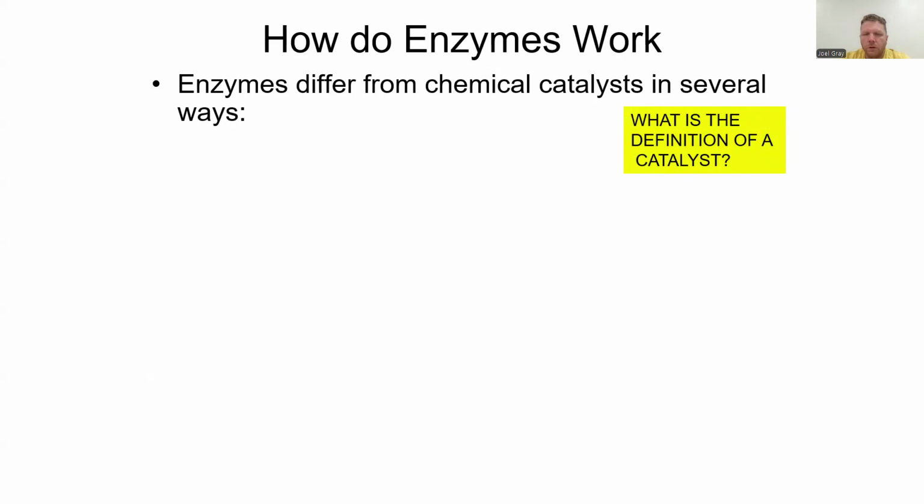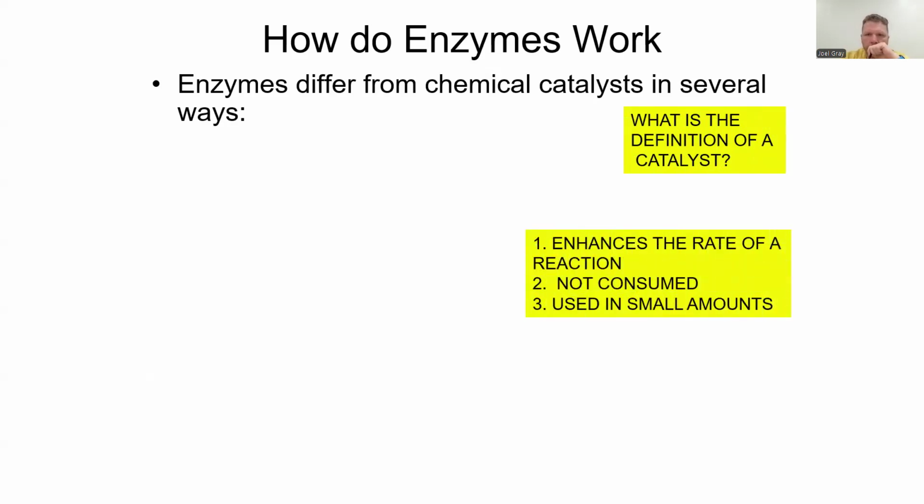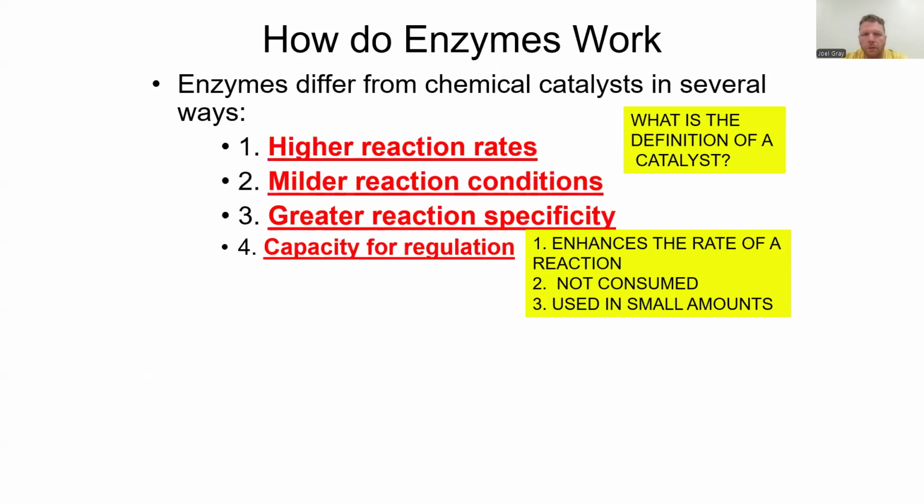Now, a catalyst is going to enhance the rate of reaction, and it's not going to be consumed. It's used in small amounts. What's fantastic about an enzyme is that it allows a reaction to go even faster.